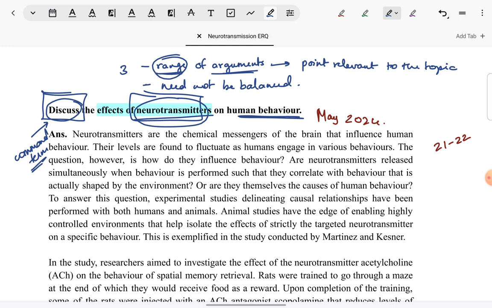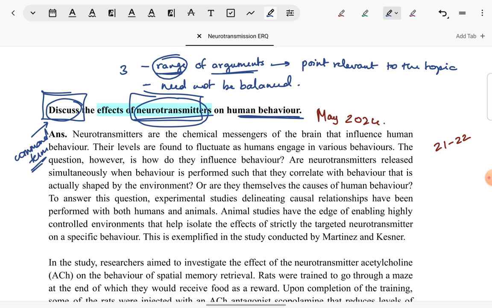So it cannot be very general, where you never point out or link to any behavior. That should not be the case. With every argument you make, which behavior that particular neurotransmitter is influencing should be very, very clear to the examiner. This we'll understand better as we go through the answer. So this is how we need to interpret the question.